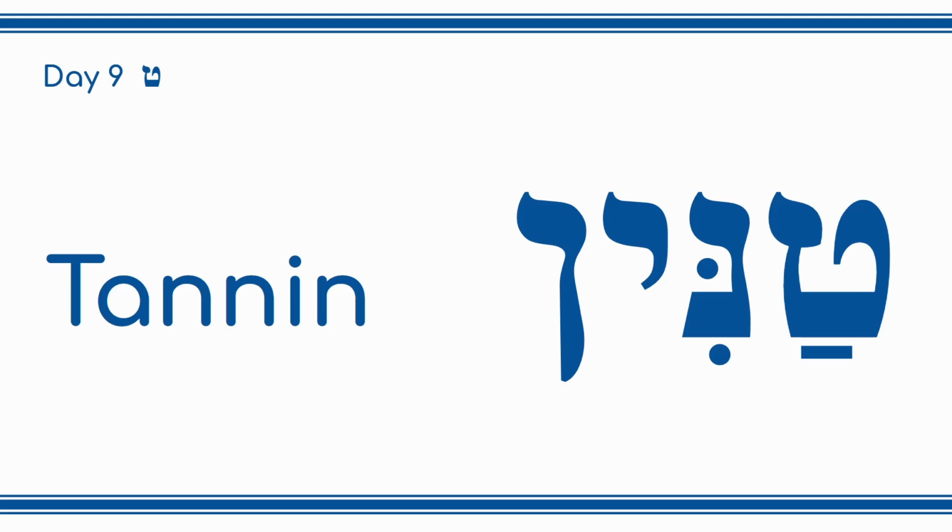So remember, we start with the consonant. What is the consonant? It's a Tet, and it makes a T sound, which is why we transliterate it with a T. And now we look down and see the vowel, and the vowel is a patach, and that is this straight horizontal line underneath it, and it makes the ah sound.